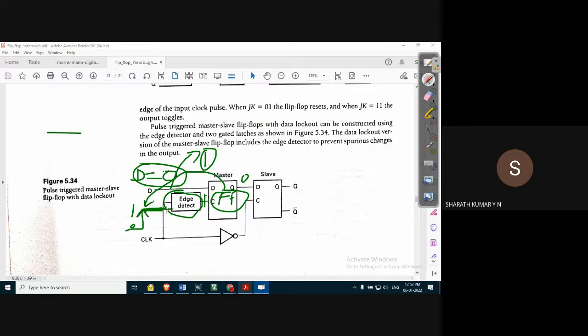So during this duration of the clock pulse, no matter how many times input D changes, that will not affect the output of the master flip flop, because it has already changed when the clock pulse went from 0 to 1. That is the edge. When the edge of the clock pulse appears, the master output has already changed. It will not change any further during the on period of the clock pulse, that is, during the pulse portion or the level portion of the clock pulse.